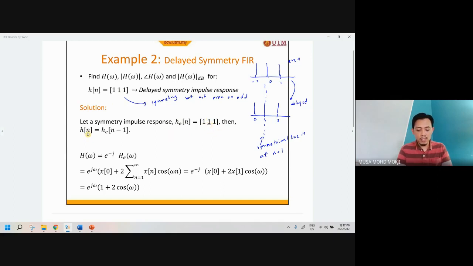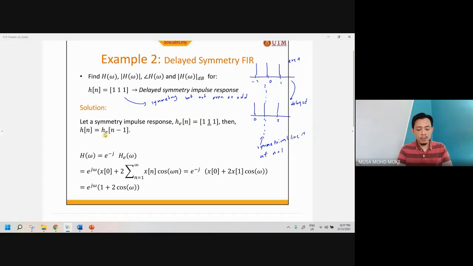Then our h[n] is just he[n minus 1]. This one is just a delayed version of he[n] by one sample. So this is how we describe it.